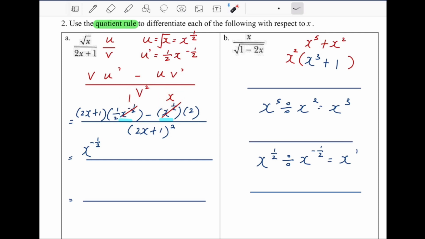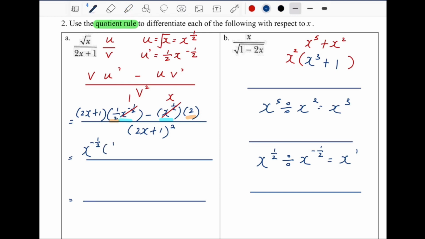Cool. What else can we take out? We can also take out the 1 over 2 and also 2. Both are constants, so between 1 over 2 and 2, which one is the smaller value? 1 over 2, the highest common factor.